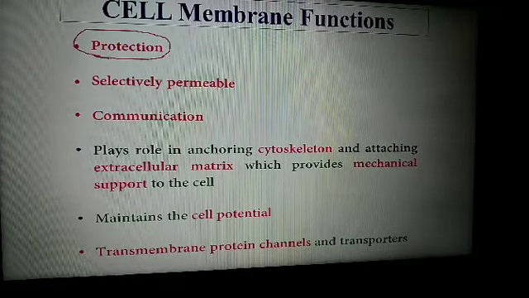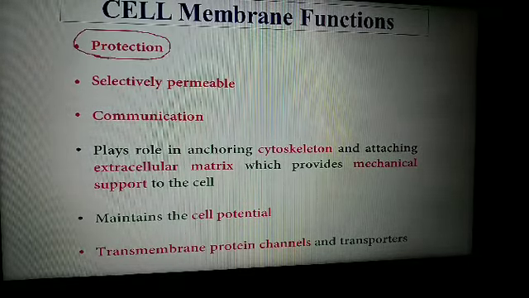That difference is known as cell potential, and that cell potential is maintained by the cell membrane. Another function of the cell membrane is transmembrane protein channels and transporters. These are the proteins present in the cell membrane, which act as transporters or channels, due to which certain molecules can pass across the cell membrane.